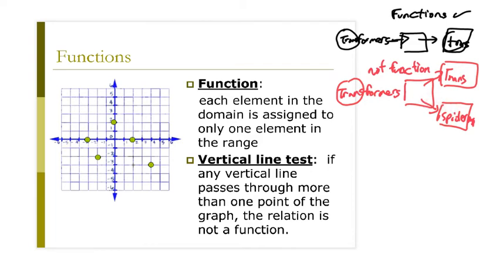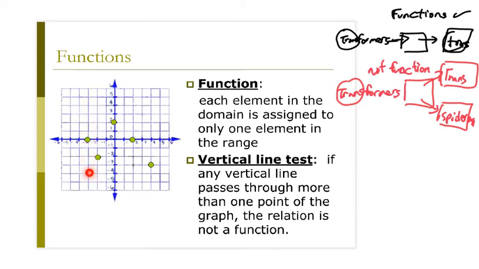And all this is saying is that if we have one x value, we don't want to have two different y values. So as an example, this x value, if we were to go up or down, we'll notice that there is no other y value that's associated with this x value. There's only one point here. Same thing here.